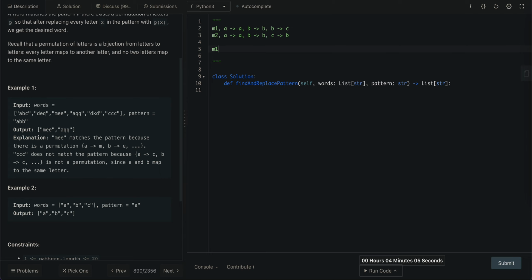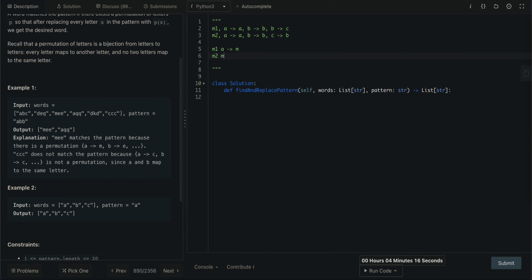In M1 and M2, we match A to M, and M to A. That's good. We match B to E, and E to B, and again B to E. So in that way it works.